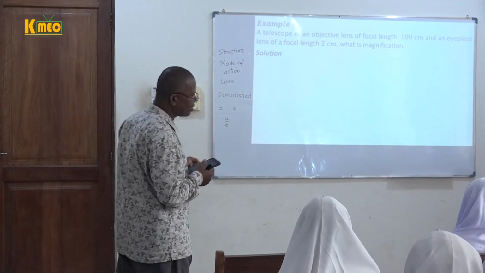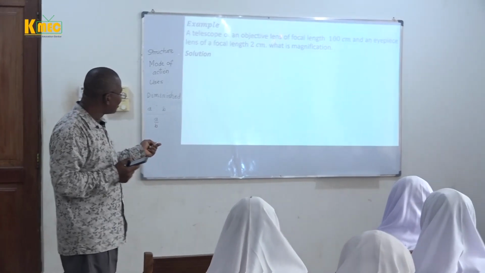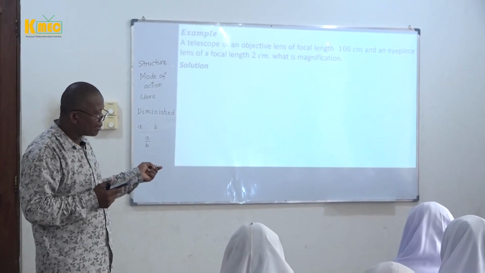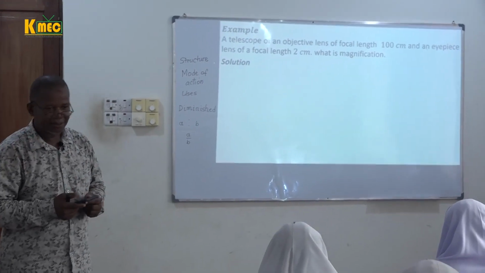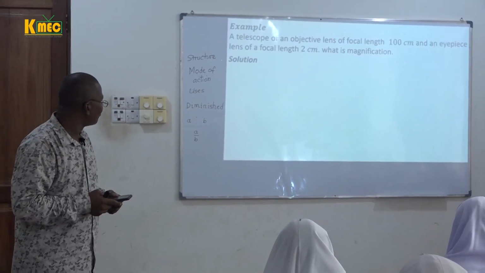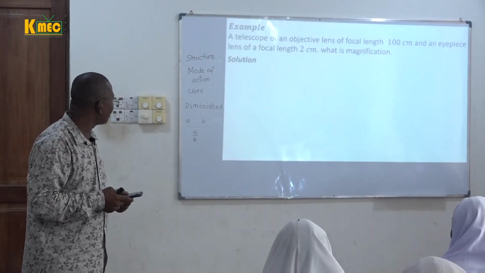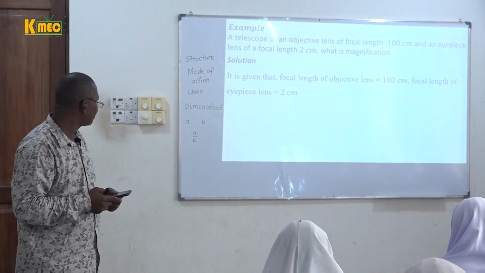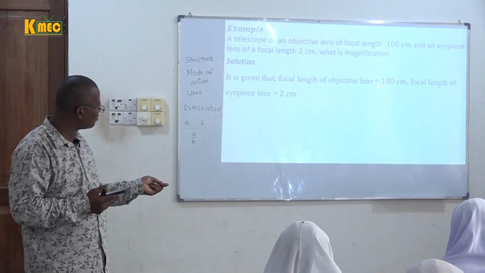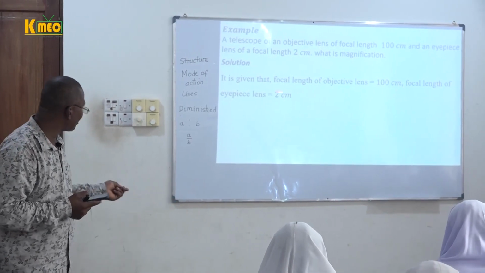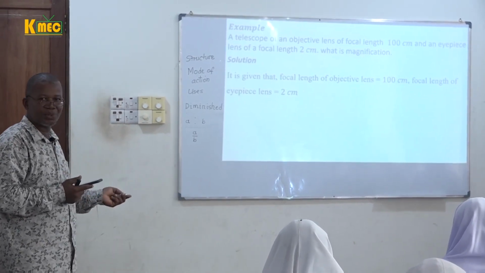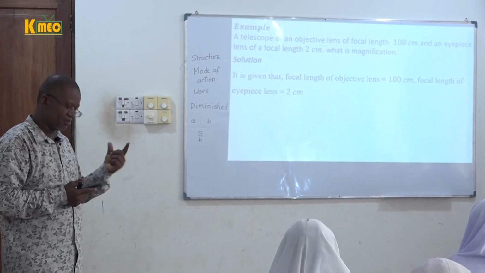The first one is the focal length of the objective lens, and the second one is the focal length of the eyepiece lens. It is given that the focal length of the objective lens equals 100 centimeters and the focal length of the eyepiece lens is 2 centimeters.